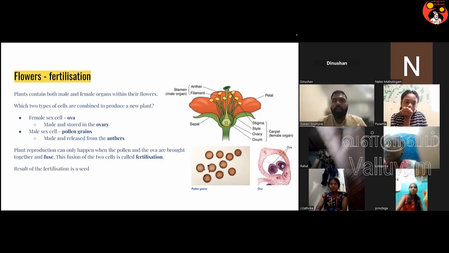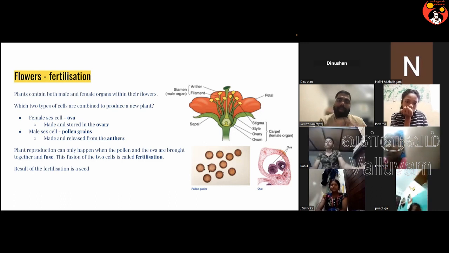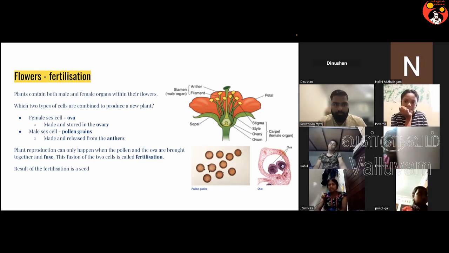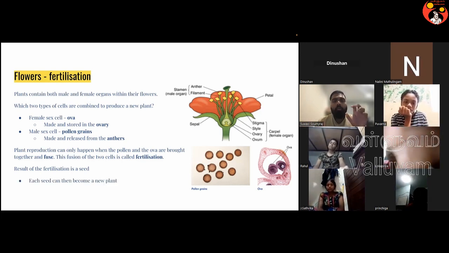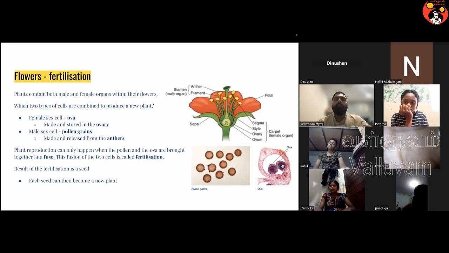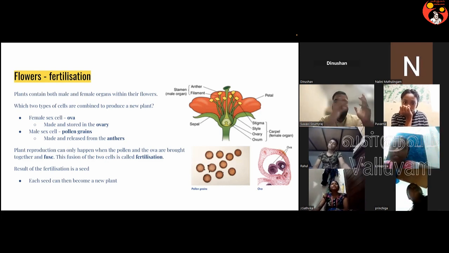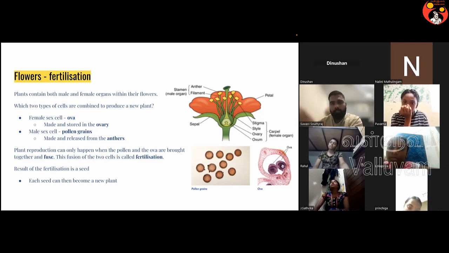When fertilization occurs, that's when we see seeds grow, develop and be produced. When the seed then grows and develops, that becomes a plant. So the ova and the pollen grains fuse together, they become a seed, and the seed then grows and becomes the plant.